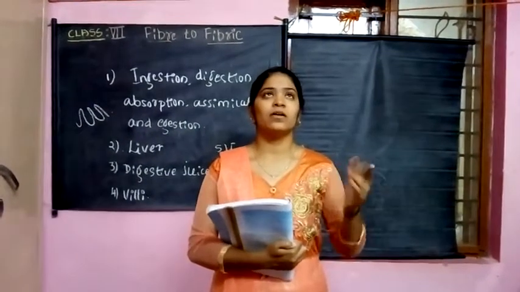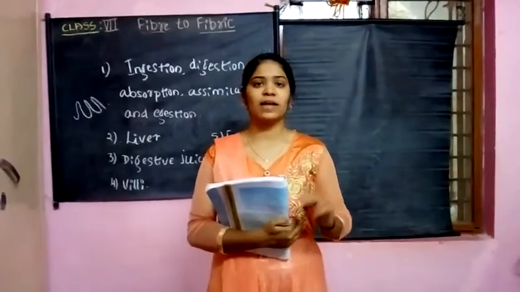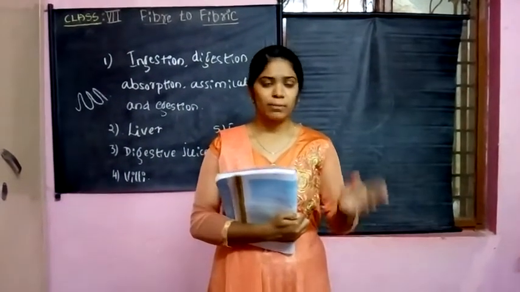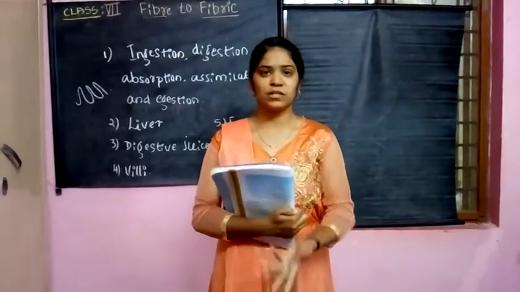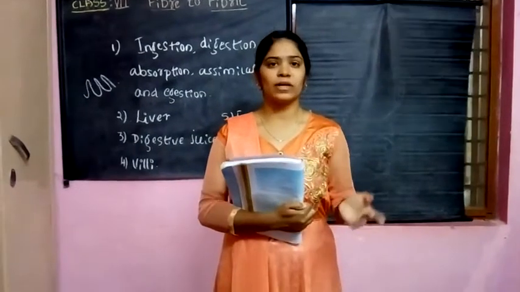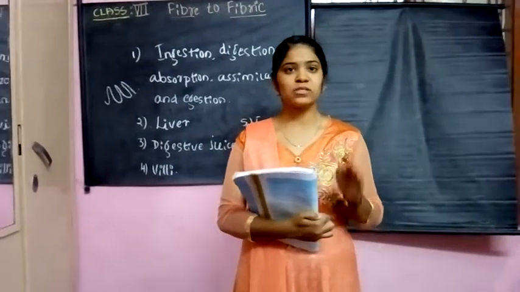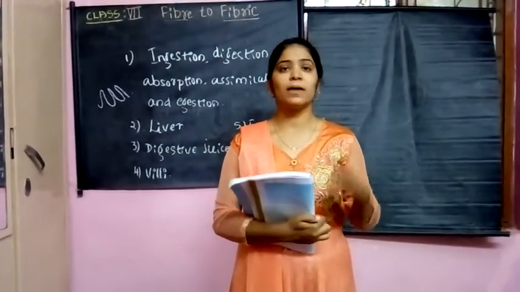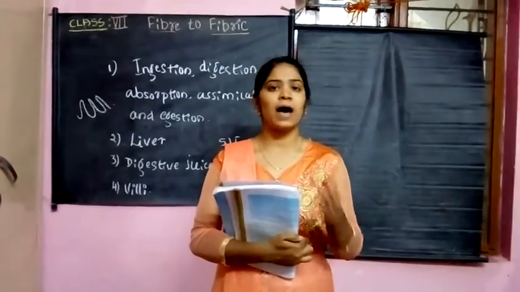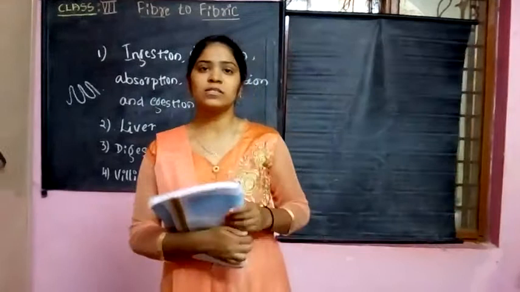For the digestion of cellulose, the required bacteria are present only in the ruminants' digestive system, but that bacteria or enzyme is absent in human beings. Hence human beings and other animals are not able to digest cellulose.